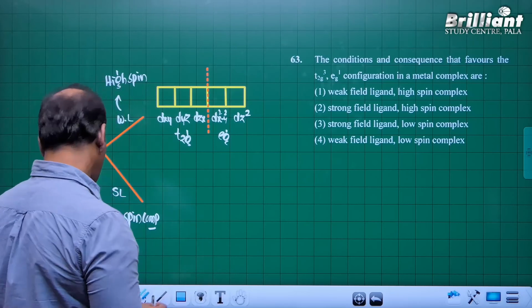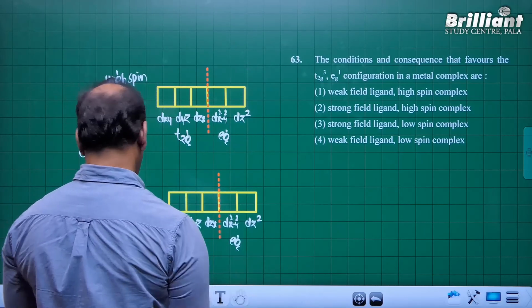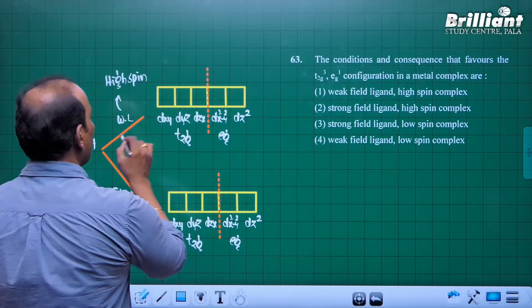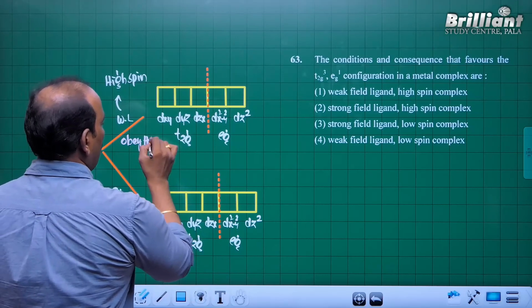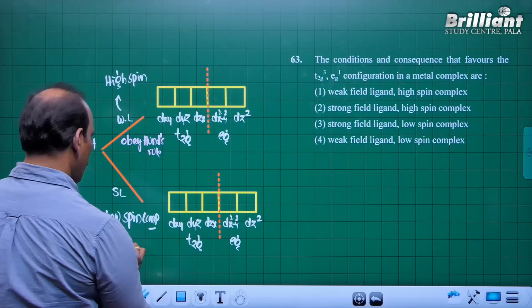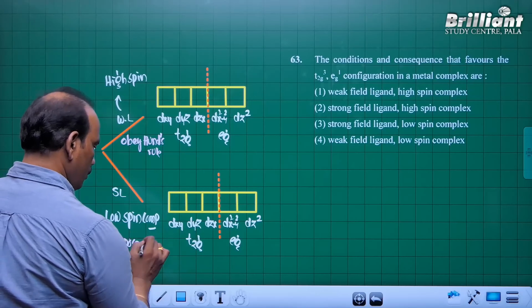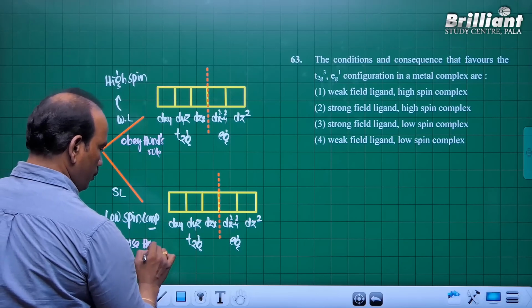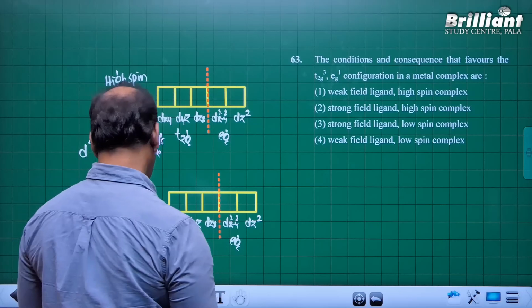Okay. Now weak field obeys Hund's rule. Strong field opposes Hund's rule. What is the meaning of that?